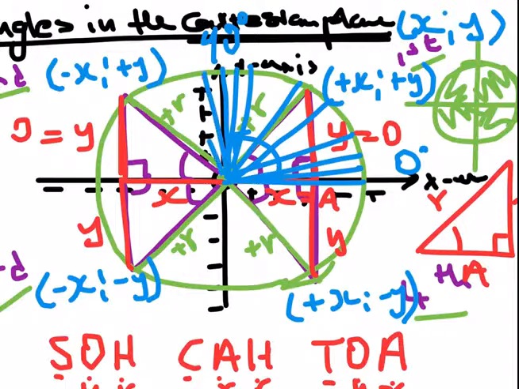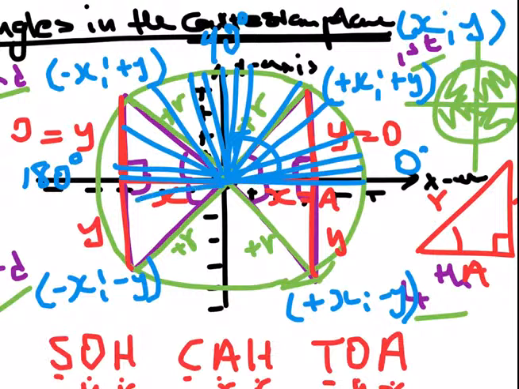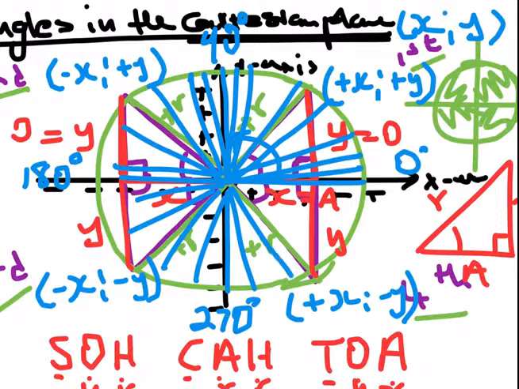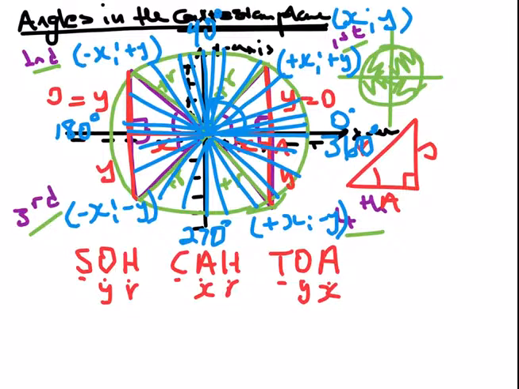Now 91, 92, 93, 94, 96, until we get to 180 degrees. Then 181, 182, up to 270 degrees, and 360 degrees. So I'm pretty sure you are now aware of how the angles increase from 0 all the way to 360 degrees.